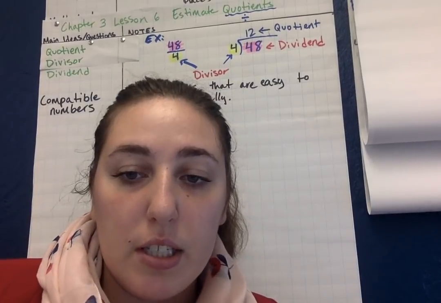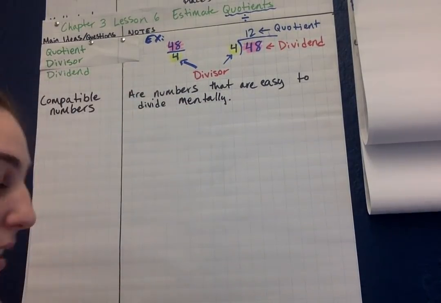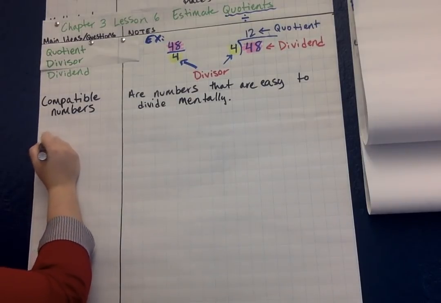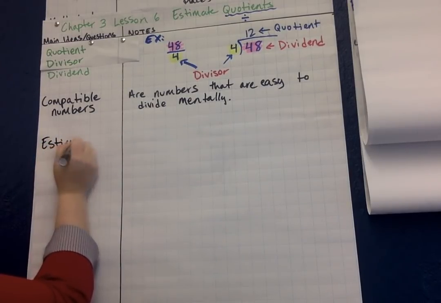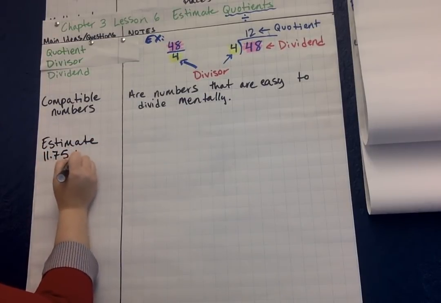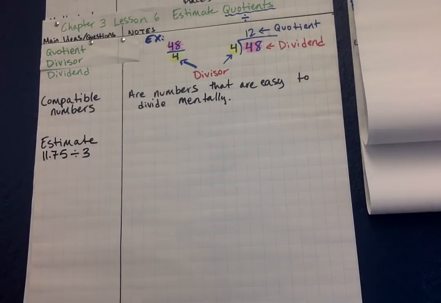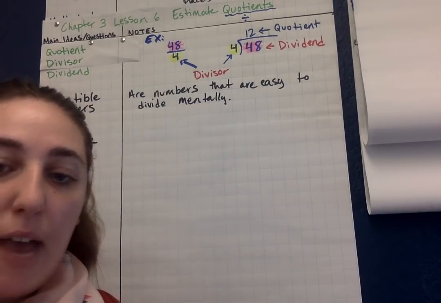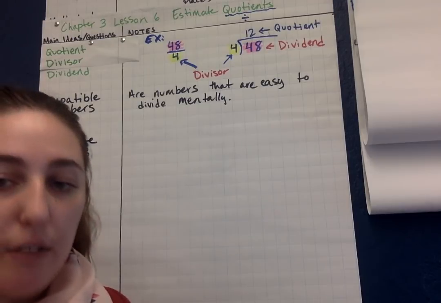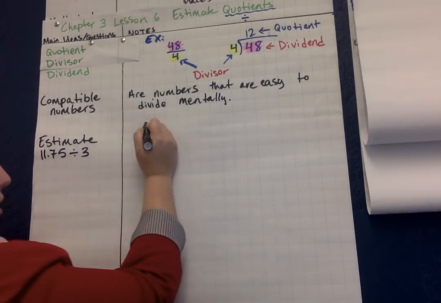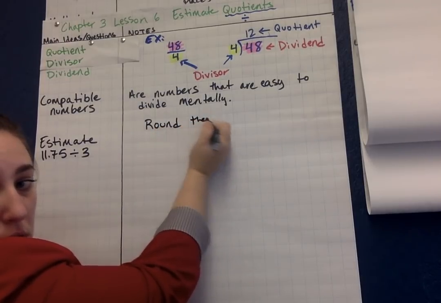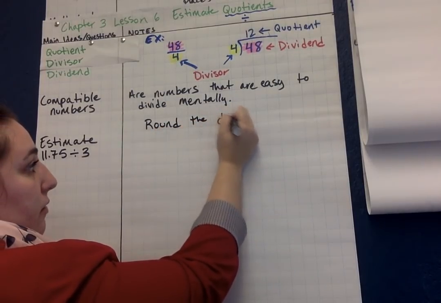First example we want to do is an estimation of 11.75 divided by 3. When we're dividing a decimal, first we need to round. Round the divisor.